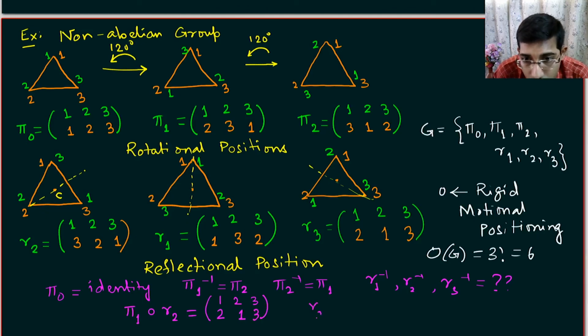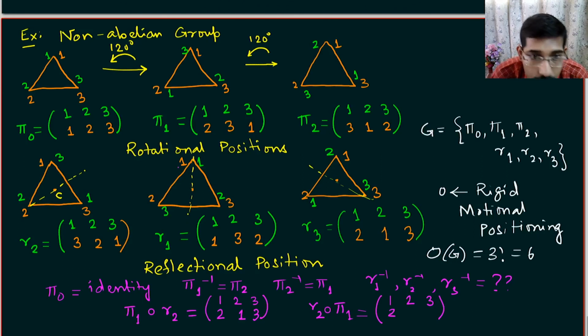Now if you look at the other way, R2 pi 1, how does your matrix look for 1, 2, 3? So first you do R2, which means that you do 1 to 3 and then 3 to 2, so 1 goes to 2. 2 to 2 and then 2 to 1, so 2 goes to 1. So here also I am getting the same answer.